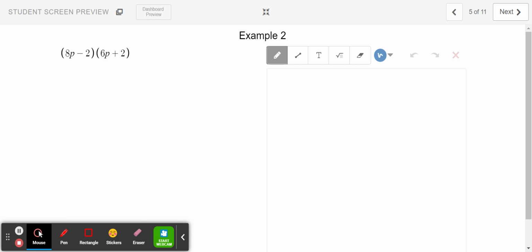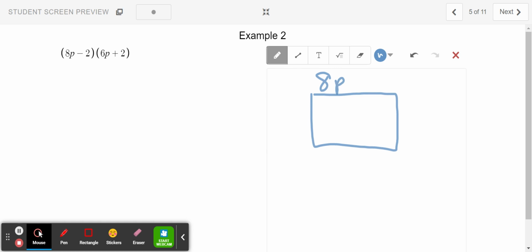All right, so now I'm going to look at a second example. And I think for this example, I am going to use the area model. So the area model, I'm going to draw a box. Each of my polynomials, one goes on the top, one goes on the side.